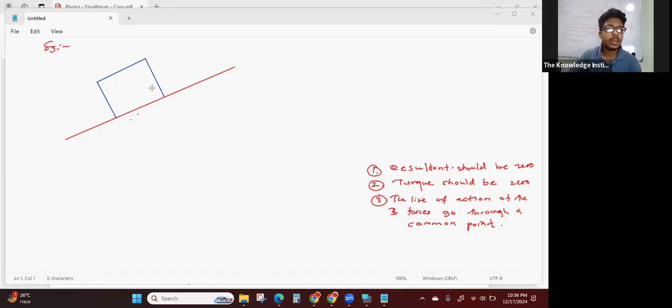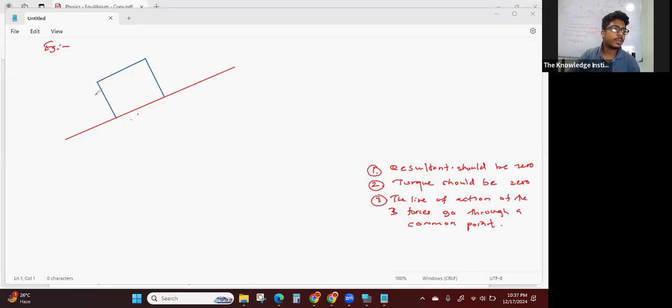I'll ask you a simple question. Can I keep this object in equilibrium on a smooth inclined plane? Okay, so we can't.